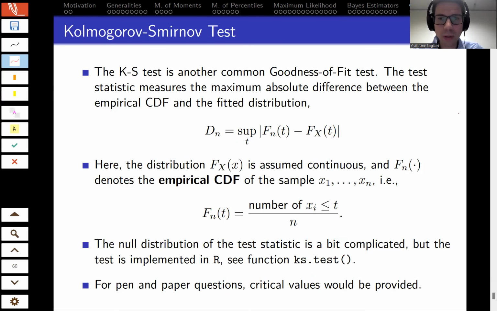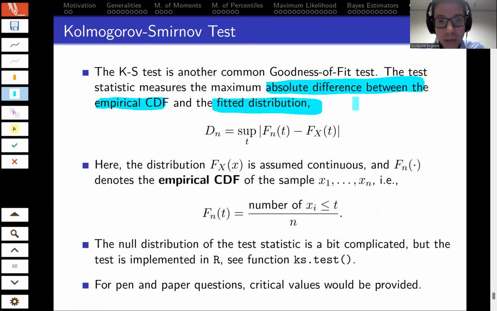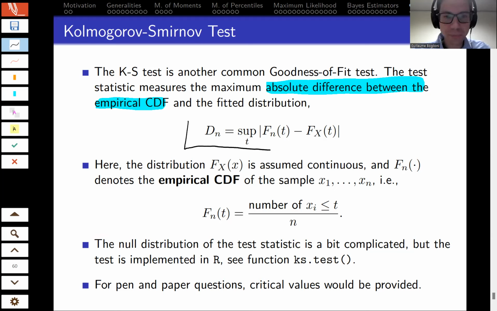It's also very popular. By popular, I mean used a lot. So conceptually, it measures the absolute difference between the empirical CDF of your data and the fitted distribution. So the test statistic is this thing here.